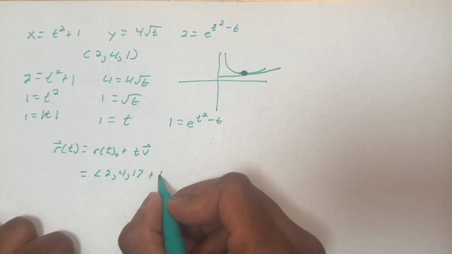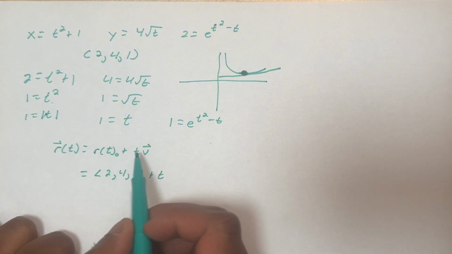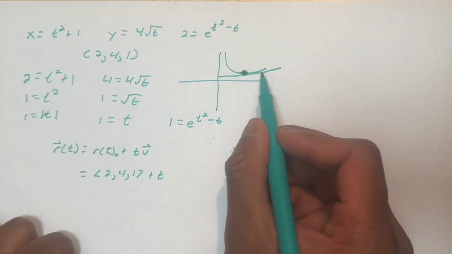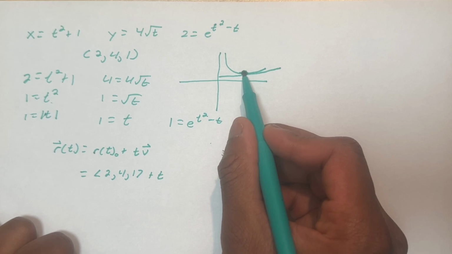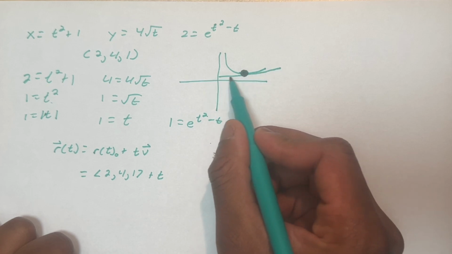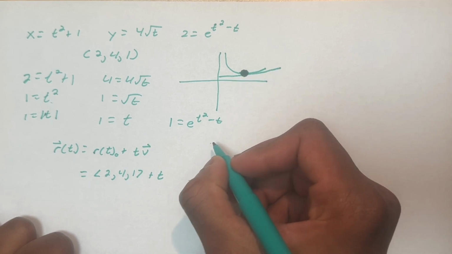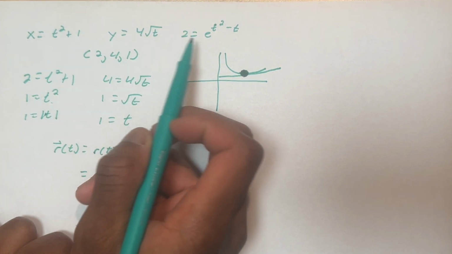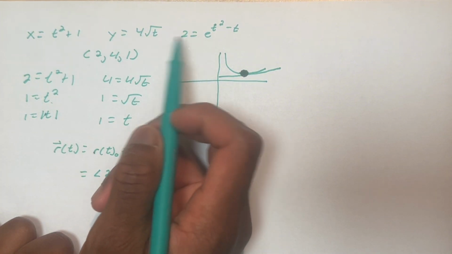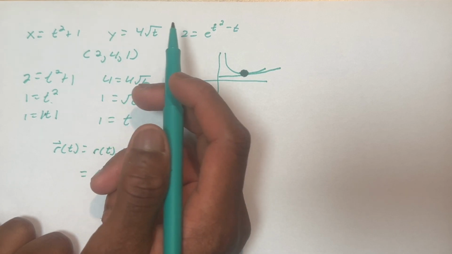And then we're going to have t, and then what is v going to be? How are we going to get v? In order to get v, we need to know the direction it's going. We want to know what direction we have to go as we scale t. And how do we get that direction, v? Well, if we differentiate x, y, and z, we can get each component of the direction at the specific time we want, t equals 1.